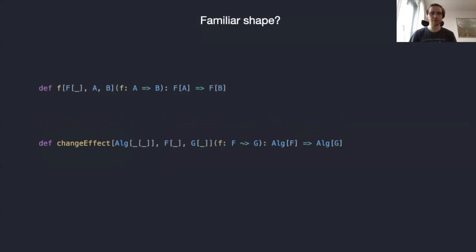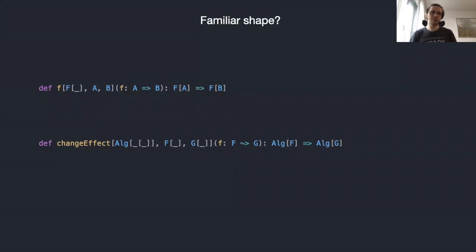As it turns out, this should be pretty familiar to many of you, because we are using a function from one type to the other type and lifting it to a function between some other things with these types. So from a squiggly arrow from f to g, we are going to a function from alg of f to alg of g.